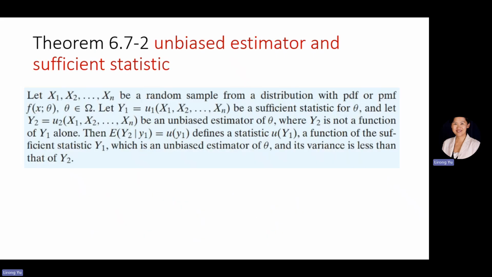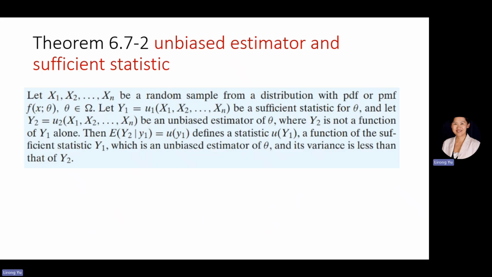In order to prove it, we are really trying to prove two things. Number one, we want to prove this is unbiased, and that can be calculated by taking the expectation of this, where you put in y2. Number two, we want to prove it's sufficient. u(y1) is a function of y1, and y1 is sufficient, so u(y1) is certainly also sufficient.